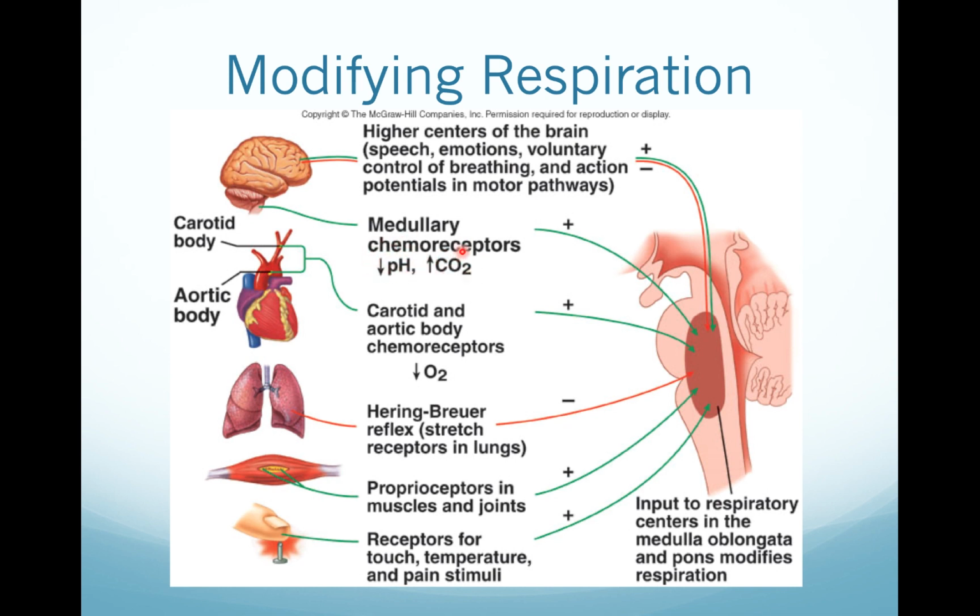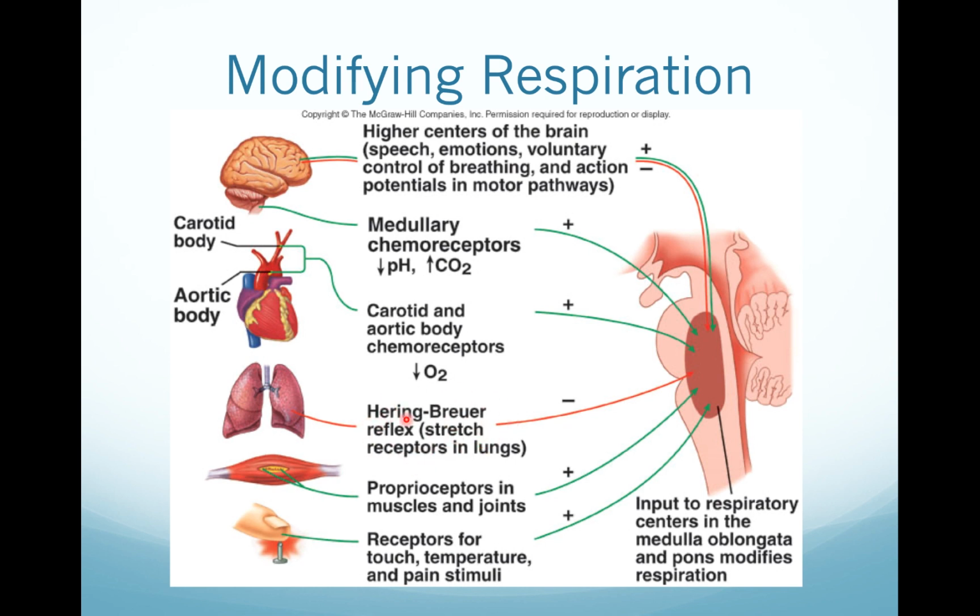This will trigger an upregulation of respiration to breathe faster. Why are you breathing faster? Well, because you're trying to breathe off all that CO2 so that you can bring the pH back to normal. Low levels of oxygen. The chemoreceptors will notice that they're binding to less oxygen. So less oxygen, again, upregulate breathing.